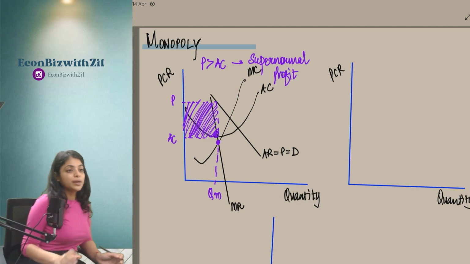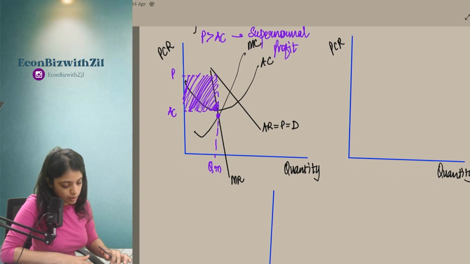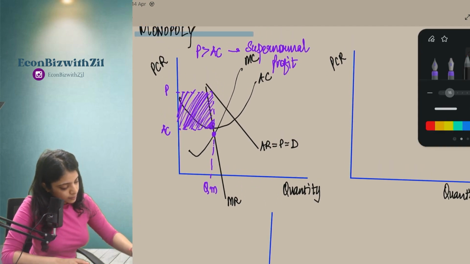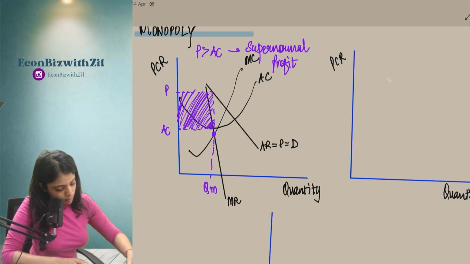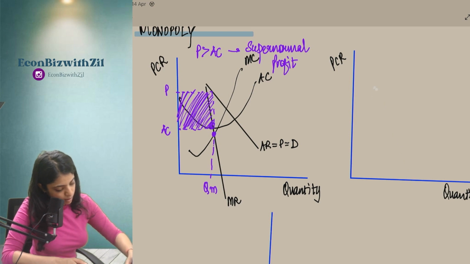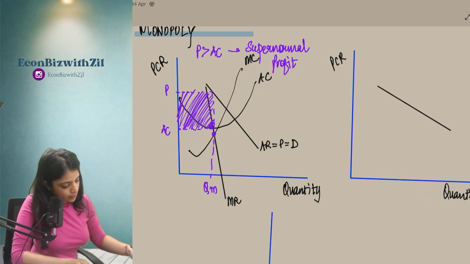We now move to making the next one, which is, let's just say, loss. MR. Okay, this is too straight. MR. Okay, hold on.